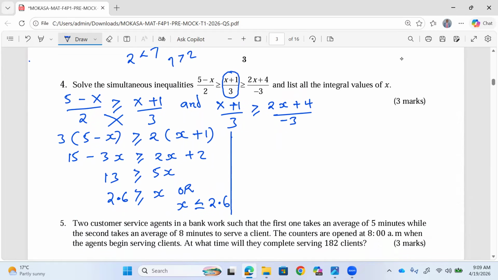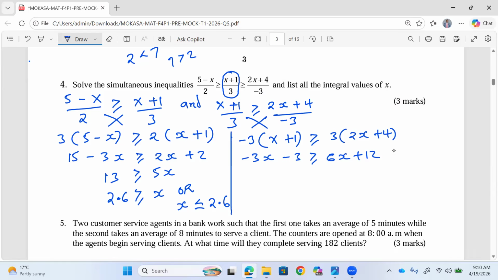Let's check now the second one. Cross multiplication once again, we shall find ourselves having negative 3 times (x plus 1) greater than or equal to 3 times (2x plus 4): negative 3x minus 3 greater than or equal to 6x plus 12. At that point, can we talk of grouping terms together?